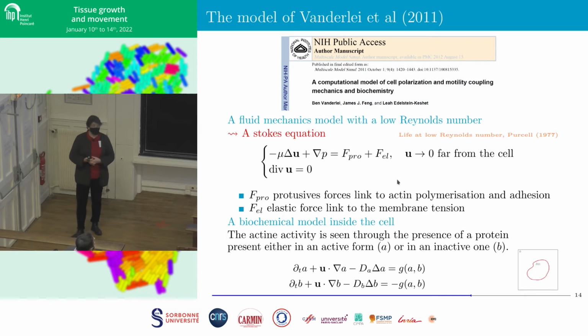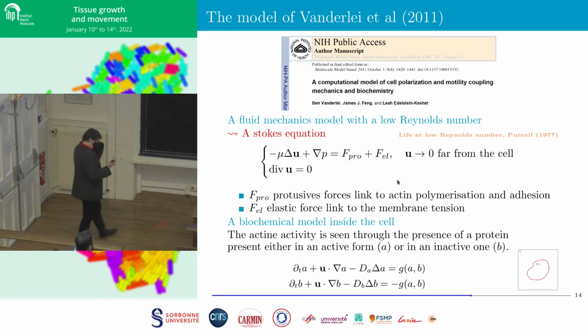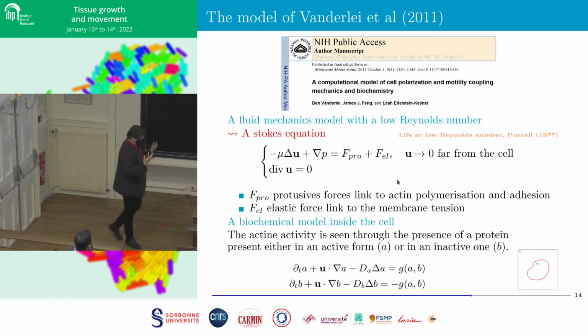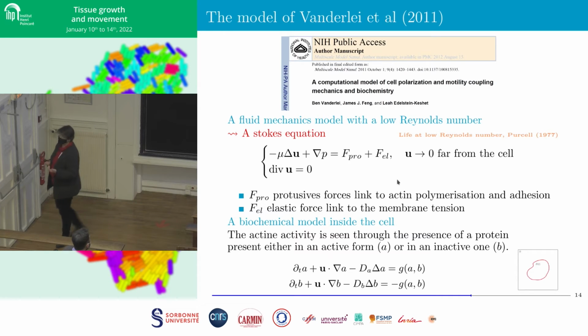So, the work of the group of Edelstein-Keshet proposed a very simplified view of this complex activity. What she proposed is first to say that the cell can be modeled thanks to fluid dynamics. And if you look at the Reynolds number associated to the cells, you can see it's very low.